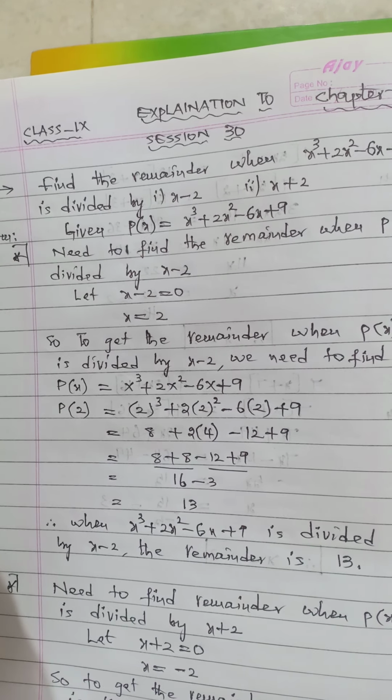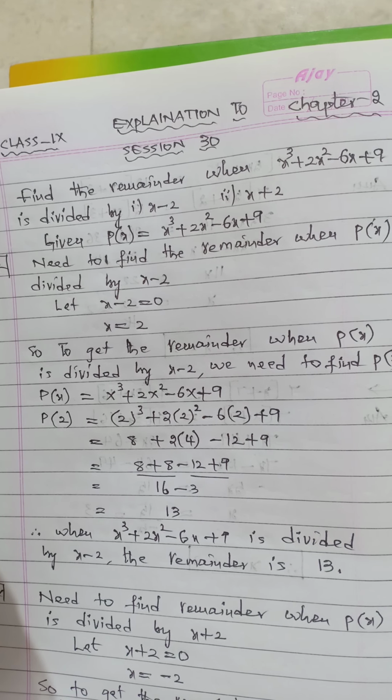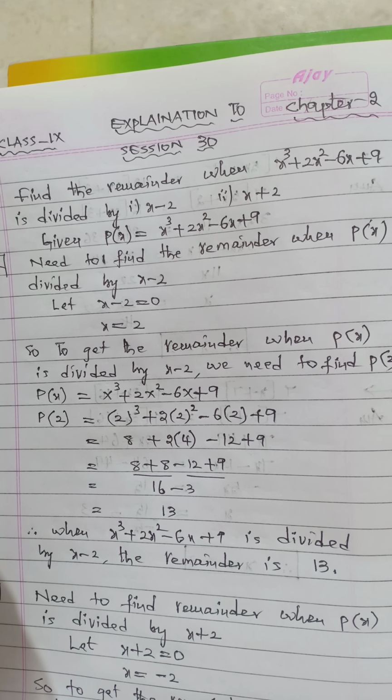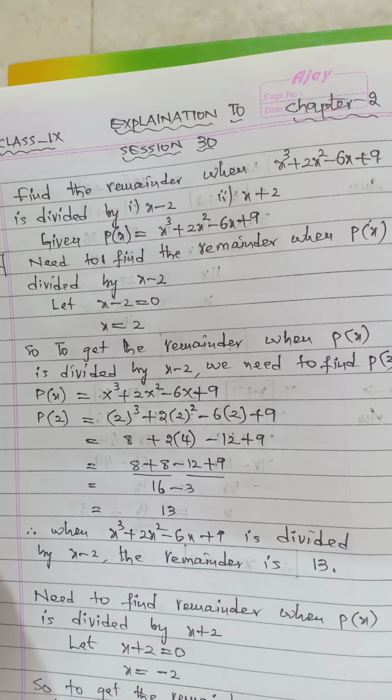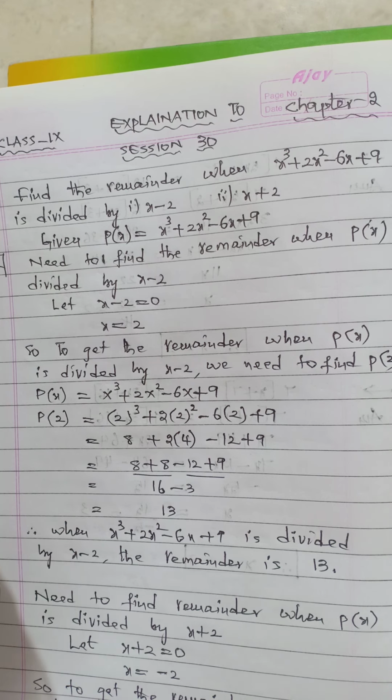The first question is: find the remainder when x cube plus 2x square minus 6x plus 9 is divided by x minus 2. This is to be solved using the remainder theorem. Remember, my dear students, to find the remainder we have to follow the remainder theorem.